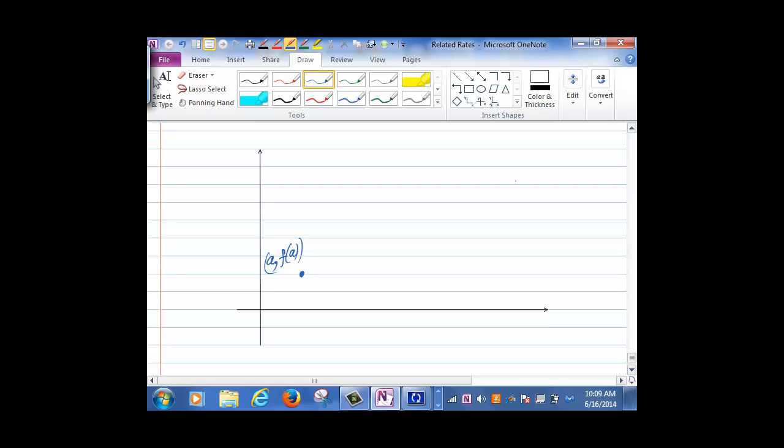And so let's say the graph of f looks like the following. Okay, so this is the point b, f of b. So this point here is the point b, f of b.